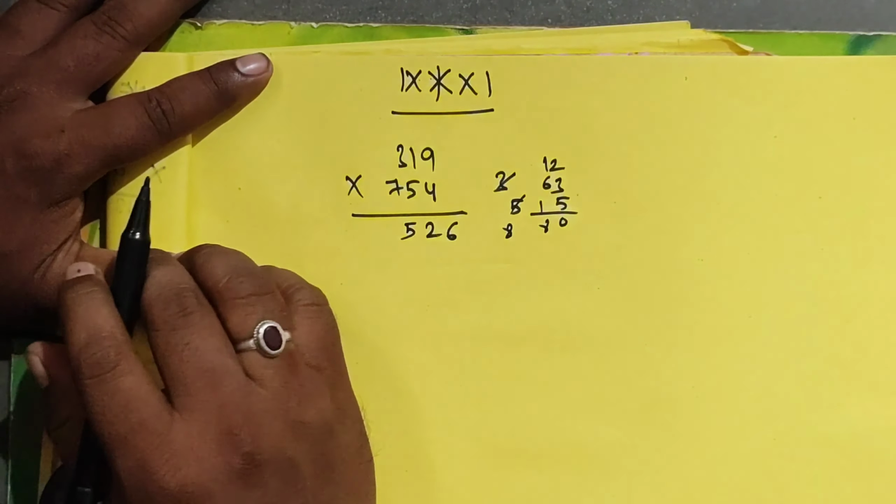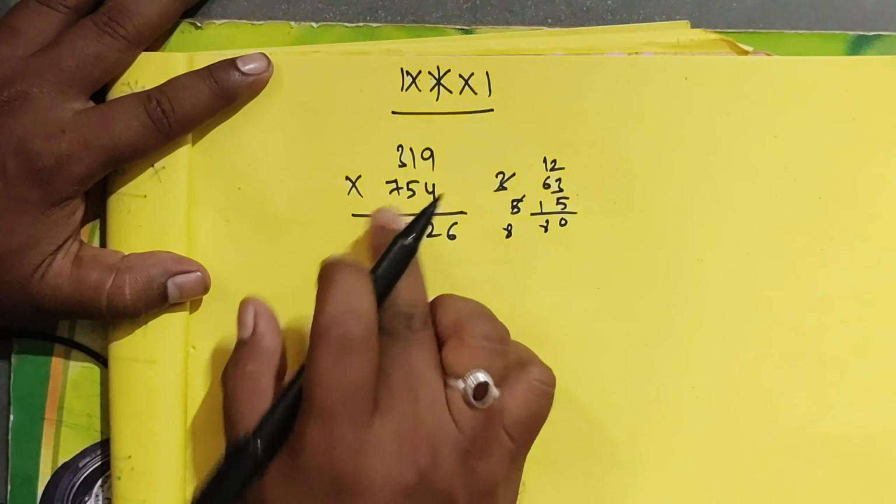Now take the cross again, take the 2 digits here: 3 into 5 is 15 plus 7 into 1 is 7, so it becomes 22, 22 plus 8 becomes 30, 0 carry 3. Now 7 into 3 is 21, 21 plus 3 is 24. That's why 240526.